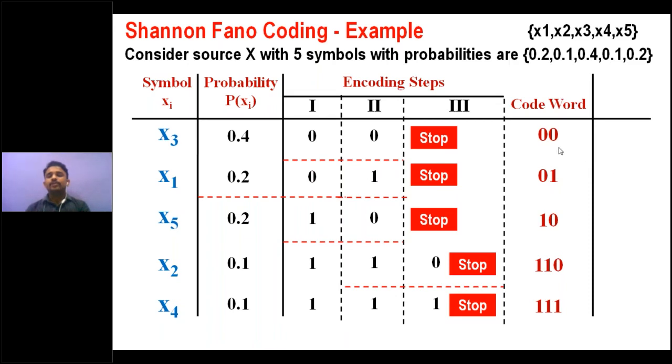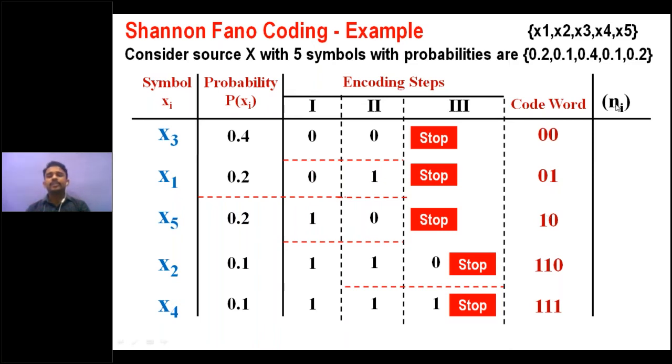Clear? Now, see, these are the unique code words that will be followed to represent these given symbols in terms of binary. Clear? So this is another stage of Shannon-Fano coding. Now, the last stage of Shannon-Fano coding is we have to calculate how many bits are in each code word.